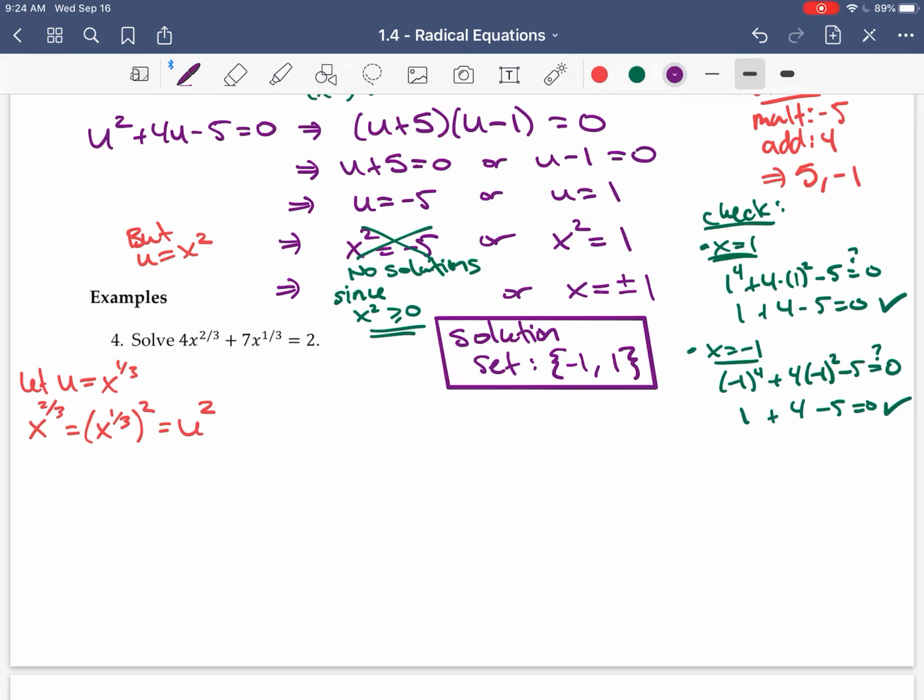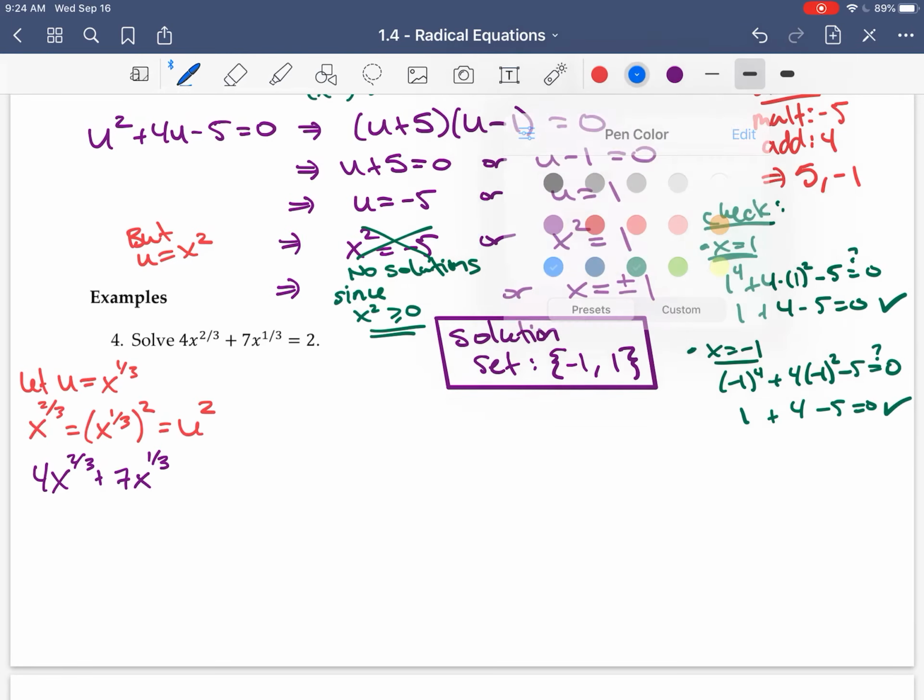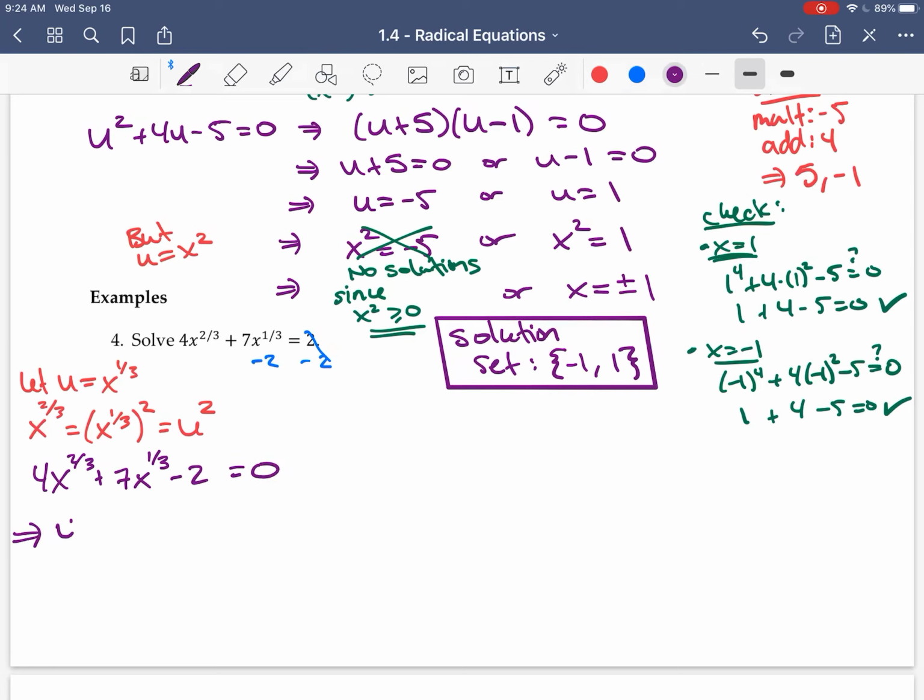So that means that 4x to the 2/3 plus 7x to the 1/3, and then I actually am going to subtract this 2 over to put it on the other side, minus 2 equals 0 is going to be the same as 4u squared plus 7u minus 2.